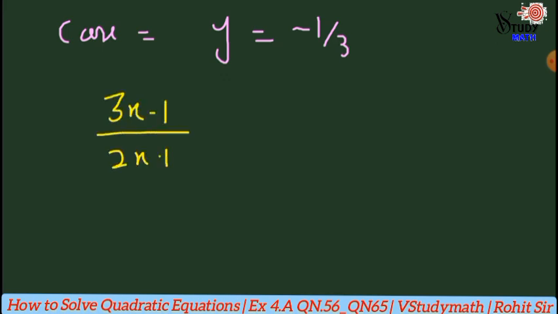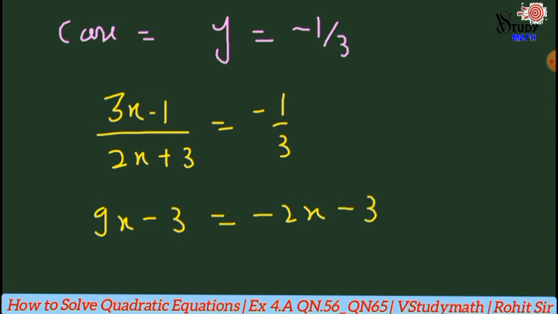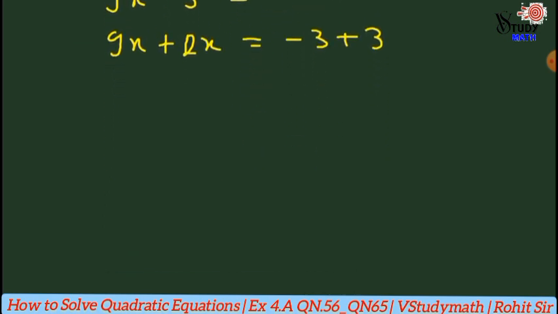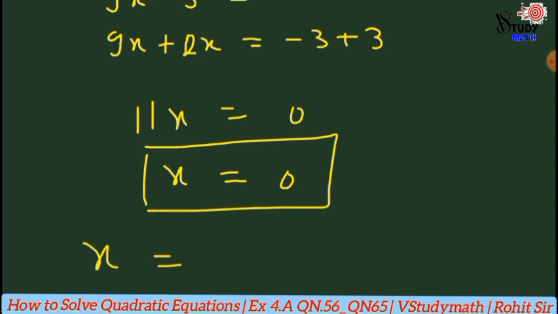Now by cross multiplication we have 9x - 3 is equal to -2x - 3. Now 9x + 2x is equal to -3 + 3. Now we have 11x is equal to 0, then x is equal to 0. Now we have two values of x, one is -7 and the second one is 0, and this is the solution of this quadratic equation.